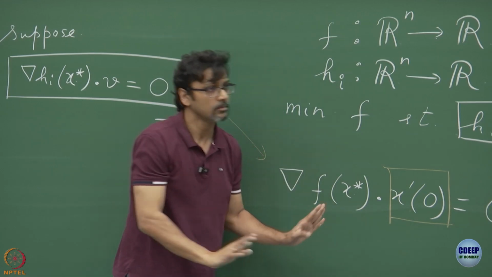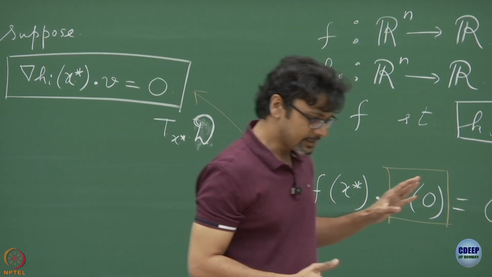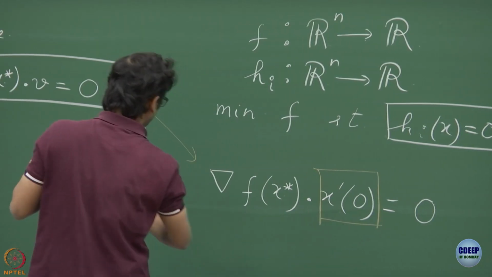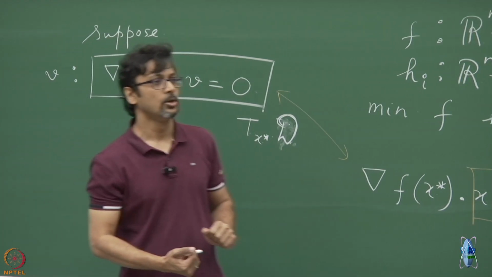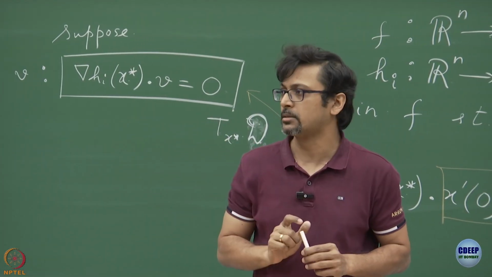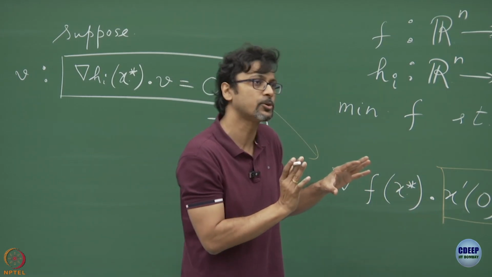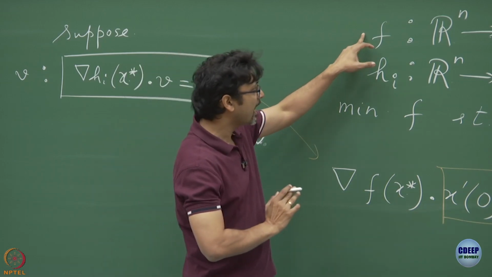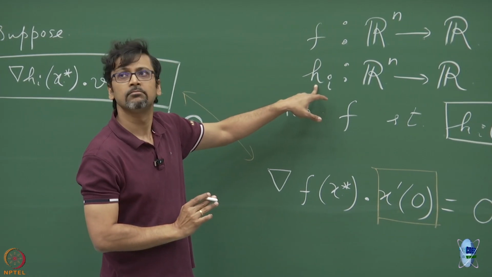Geometrically this is the interpretation, but this is not very efficient in the sense that every time we want to describe a condition in terms of functions f and h, we have to talk about it in terms of these tangents. Can we somehow get rid of the tangent from this description and talk about it as though we only require the objective function and these constraints?